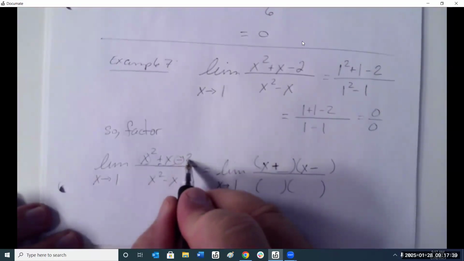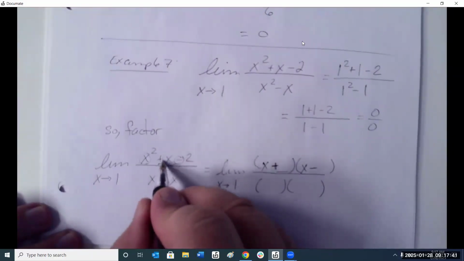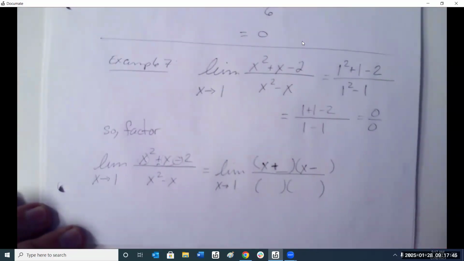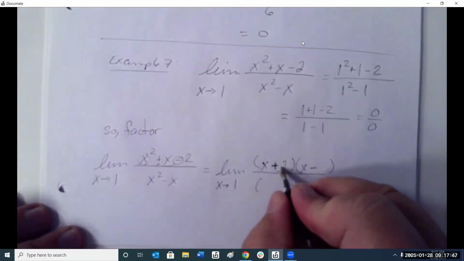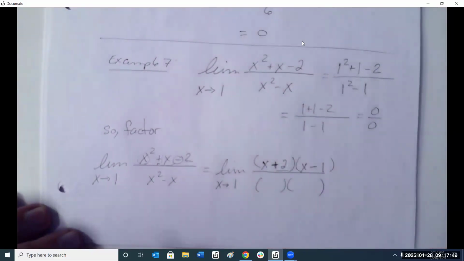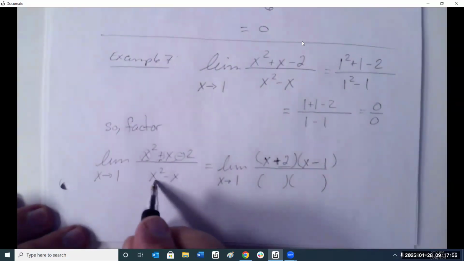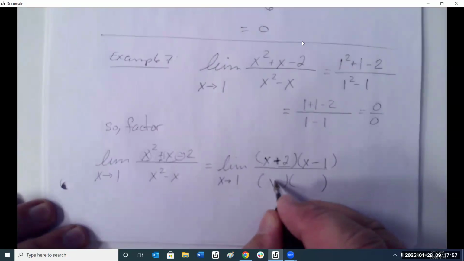What times what is 2, and when you subtract them, you get 1? Yeah, 2 times 1, 2 minus 1. So the 2 goes here, the 1 goes there, because the bigger number gets the positive sign. On the bottom, they both have an x in common.